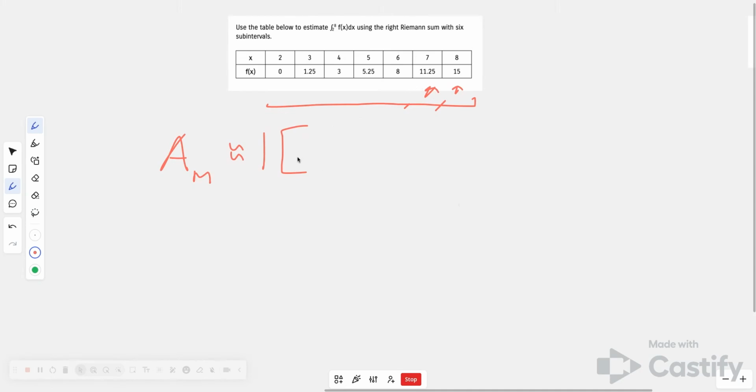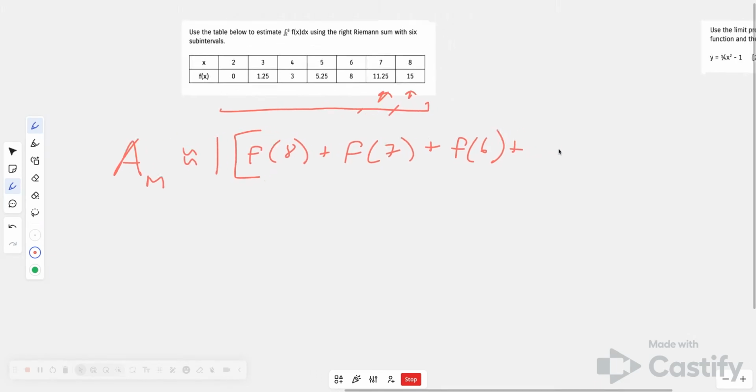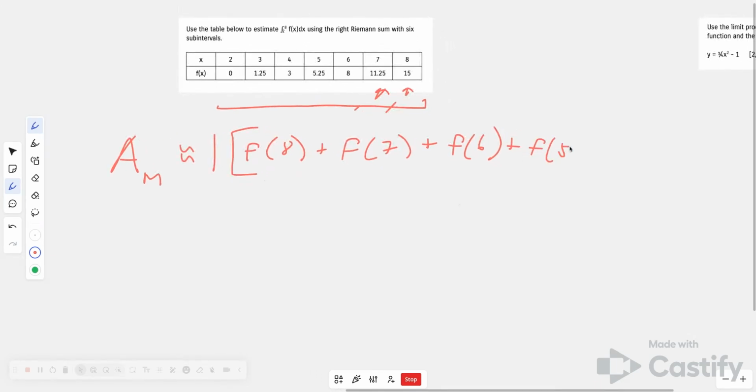So it would be f of 8 plus f of 7 plus f of 6 plus f of 5. I'm going to write it below because there's not much room. So we're going to stop at f of 3 because there's nothing to the right of 2. So 3 is going to be our last value.